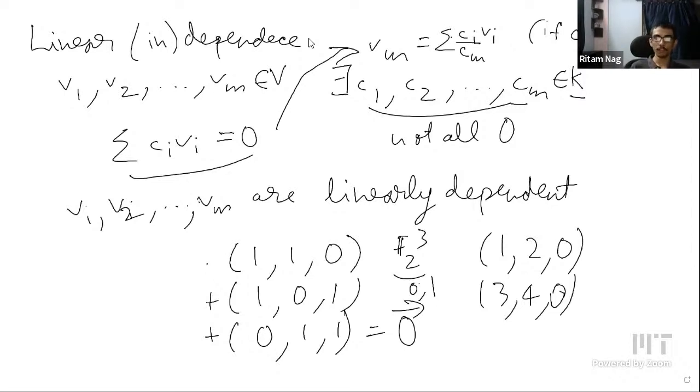The definitions are written on the board, so this thing here can be thought of as a definition: there exist c1, c2, ..., cm, not all 0, such that the sum of ci vi is 0.